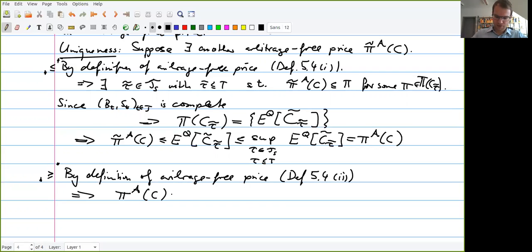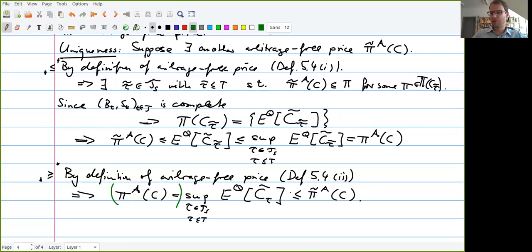So if I consider the supremum over all stopping times which are less or equal than T, this has to be less or equal than P tilde A of C. And this is just the definition, because we know that there cannot be a stopping time which gives me a strictly bigger payoff value for the corresponding European one than this one.